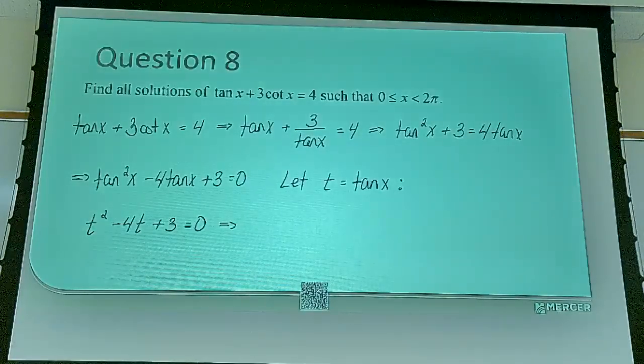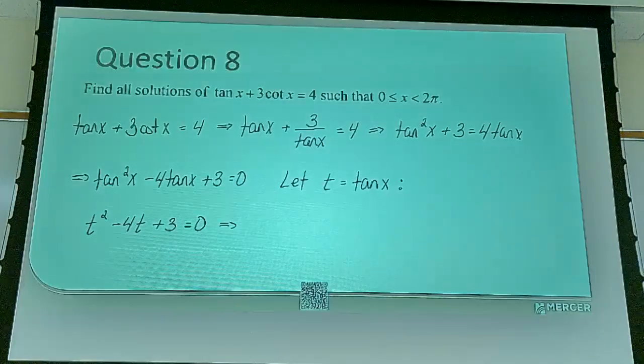Factors of 3 are 1 and 3. Right, factors are numbers that when you multiply give you 3.